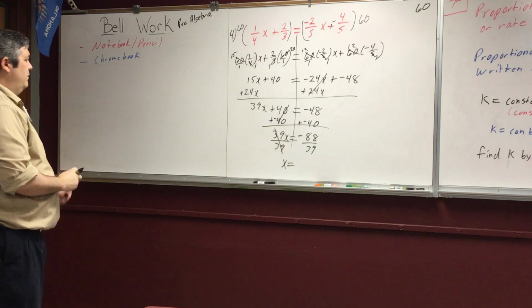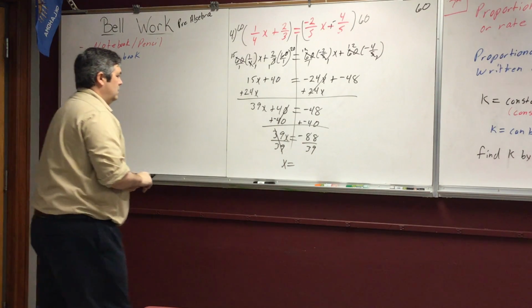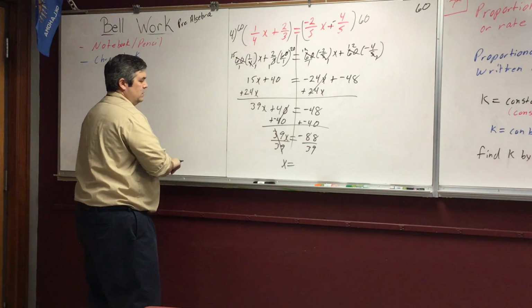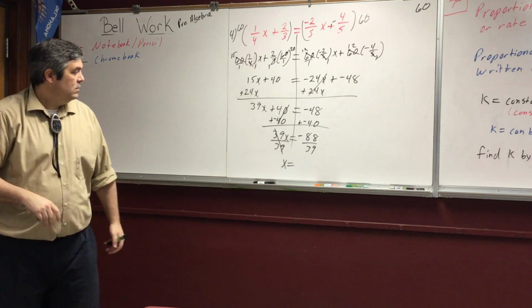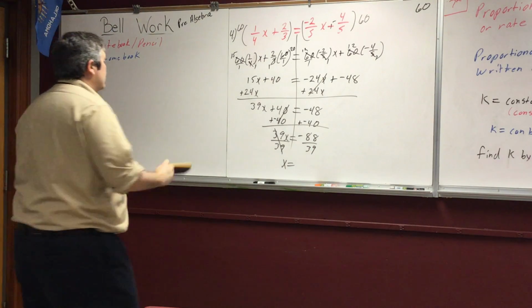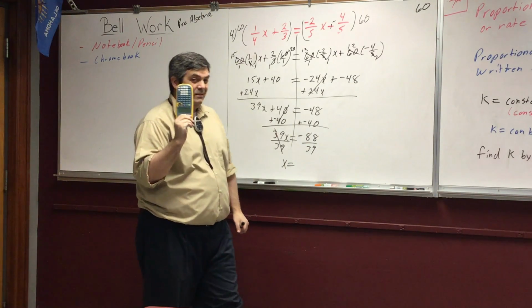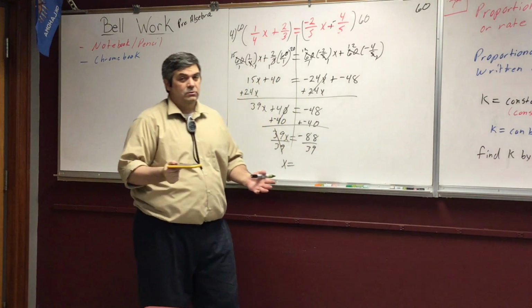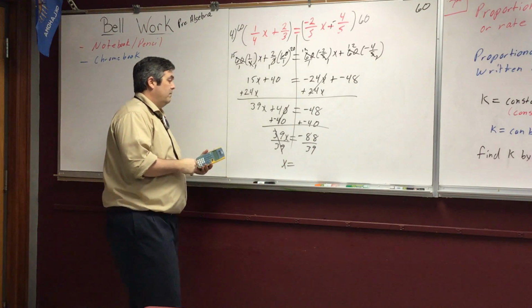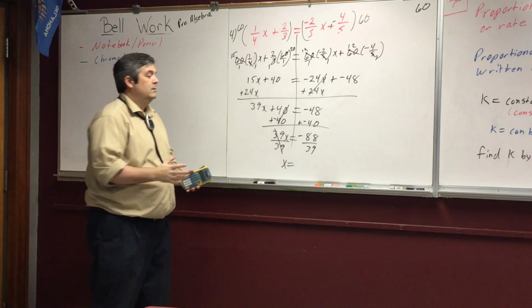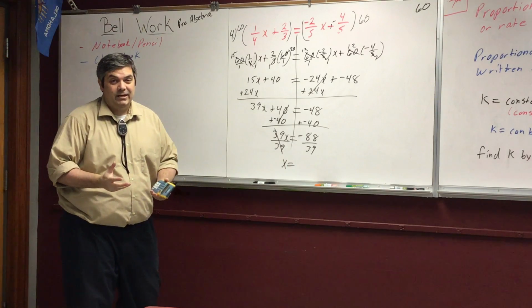I do not believe that reduces, because I don't think 3 goes into 88. So if you're in my 8th grade class, what you get to do is just plug this into this thing and check, and it'll see if it reduces for you. If you're in my 7th grade class, you gotta do it by hand and check.